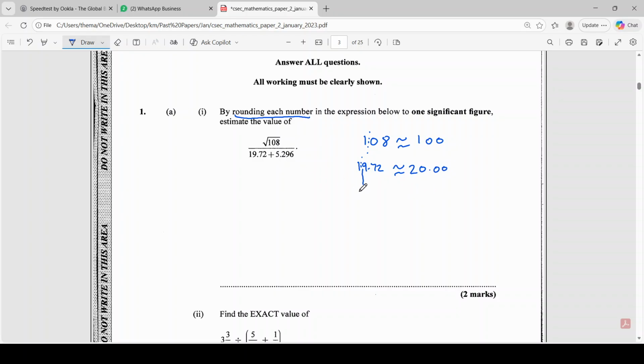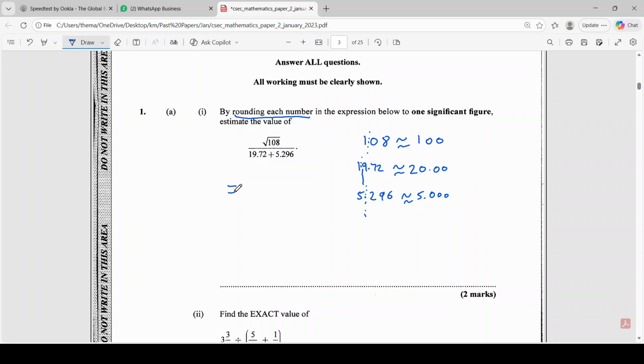We do the same thing to this number here, 5.296. First significant figure is 5, we draw a line. The next digit is 2, less than 5, so we do not add 1, so this remains as 5.000. Right, we could ignore these zeros after the decimal point, they have no value. We cannot ignore these two zeros. These two zeros make this number 100, right?